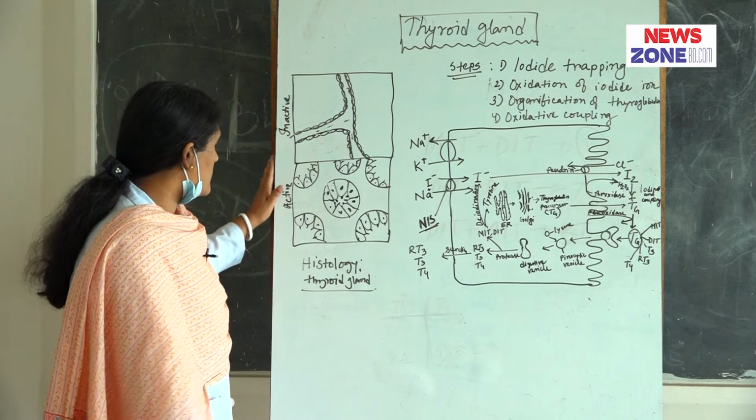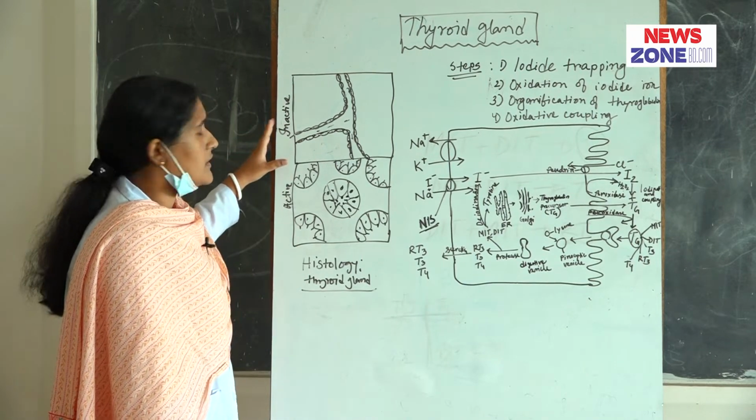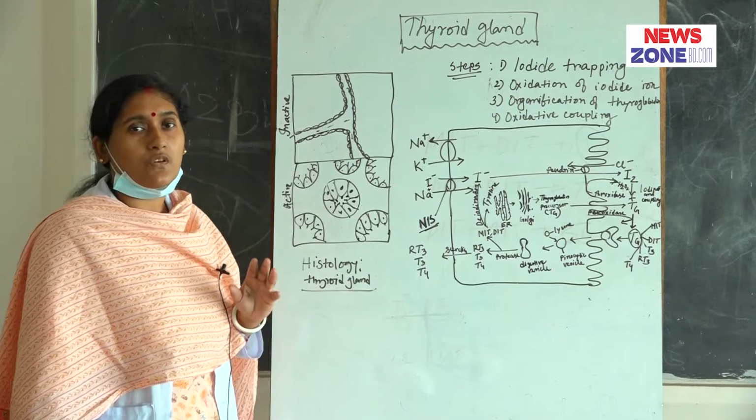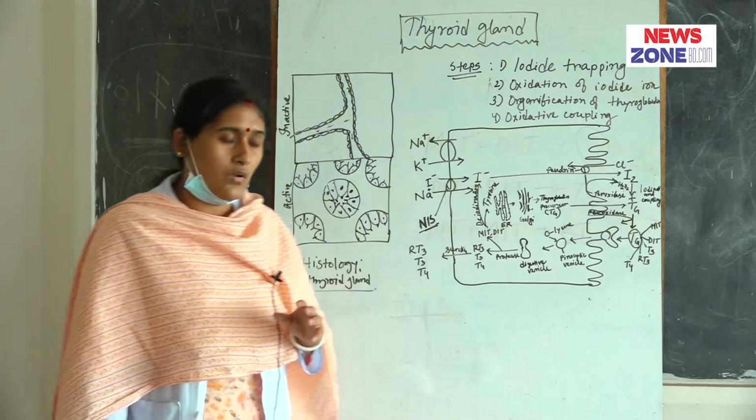This figure shows the histological structure of the thyroid gland. Histologically, the thyroid gland is mainly composed of follicles, and the follicle contains a jelly-like substance, that is colloid.